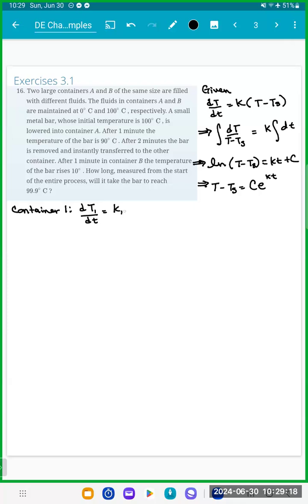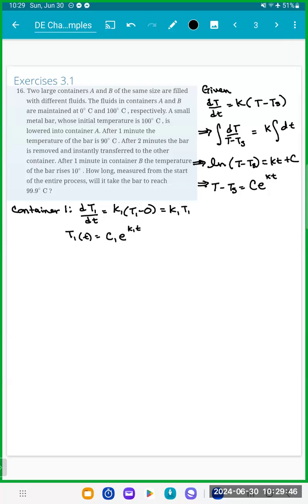And so we have k sub 1 times t sub 1 minus 0, which is equal to k1 t1. Okay, whose solution then is going to be T1 of T is equal to C1 E to the K1 T.